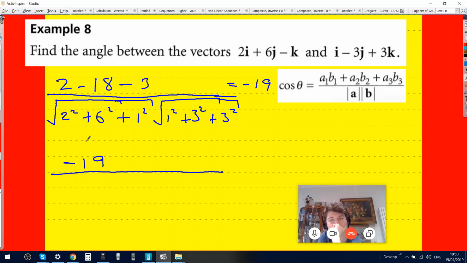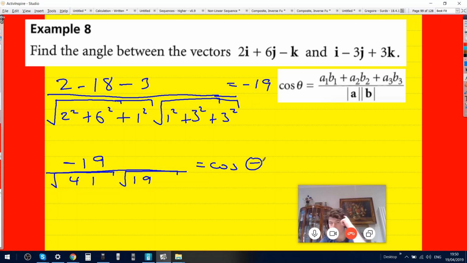Over 36, that's root 41. And the other is 9, 18, 19. That's equal to cos theta. You just inverse cos it.